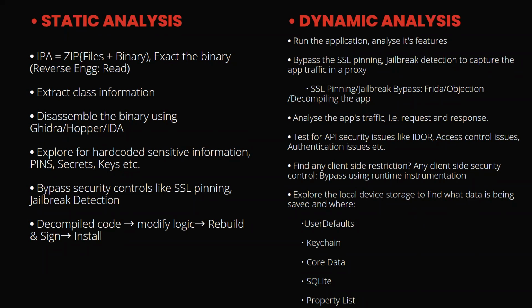We'll also try to find keys, tokens, pins, and sensitive information in the application. Using the reversed binary, you can hook the application, which gives an advantage. You can bypass security controls like SSL pinning, jailbreak detection, and many more things.